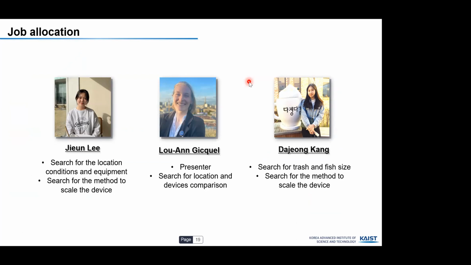Especially for the location conditions, it was mostly Korean websites, and I don't know Korean, so it was kind of the easiest choice. And same thing for the trash and food sites. And then we did some meetings to see which device we could choose, and then the method to scale the device. Anyway, I'm happy to see this team has some kind of collaboration work.